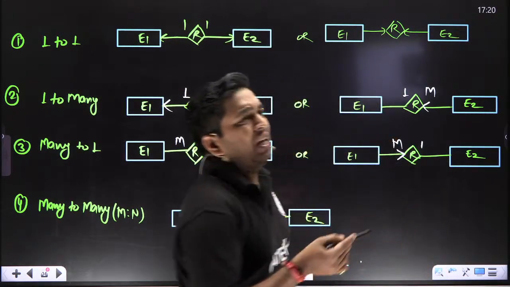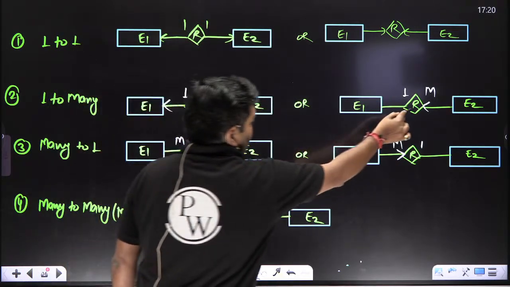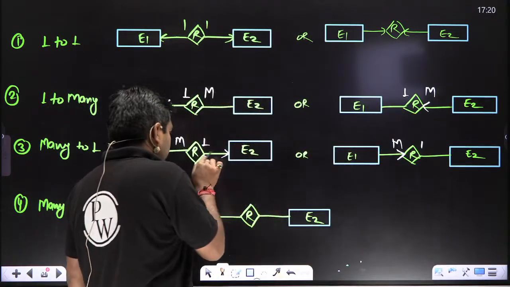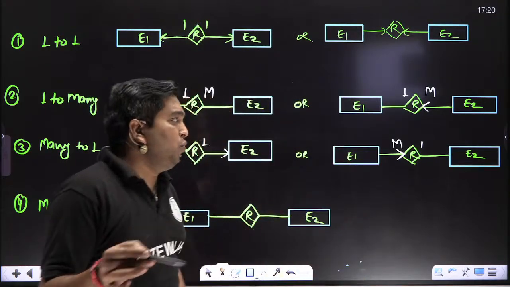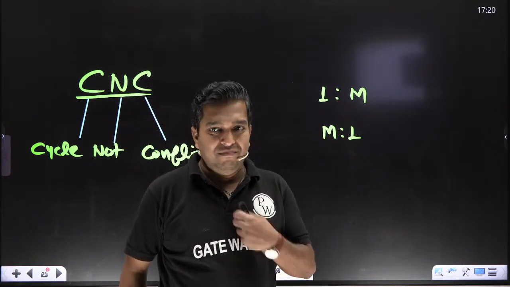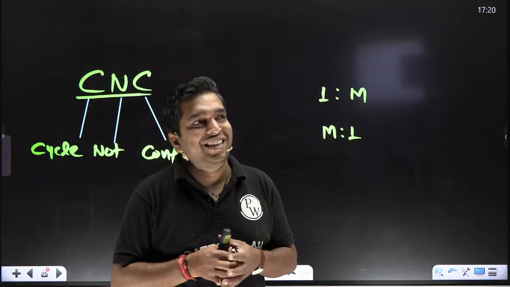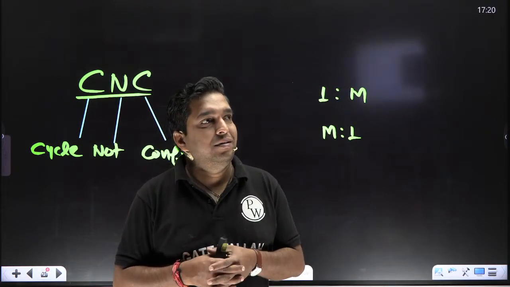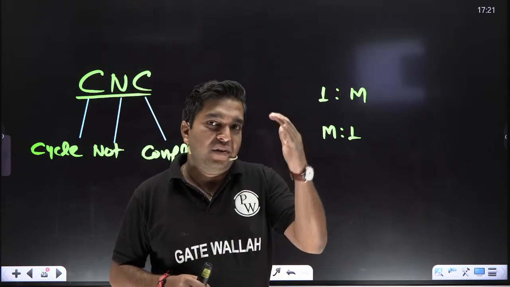So students are confused: sometimes the arrow is at 1, sometimes the arrow is at M, many. Sometimes at 1, sometimes at many. Then how do you remove the confusion? How many students have this confusion? Write down, me too, sir. Tell me fast. Everyone.